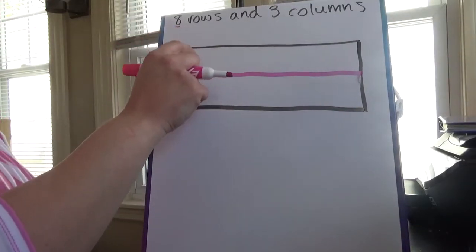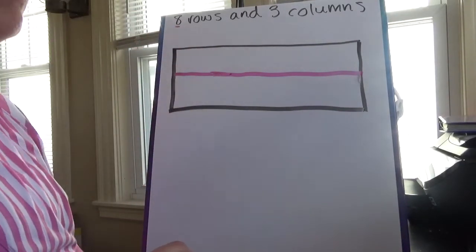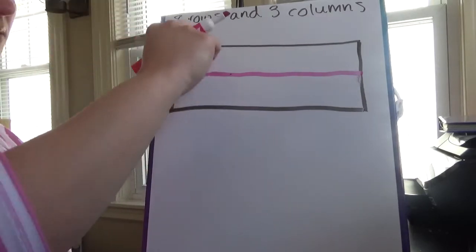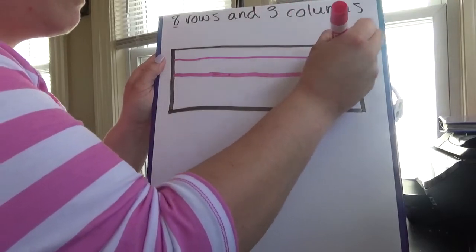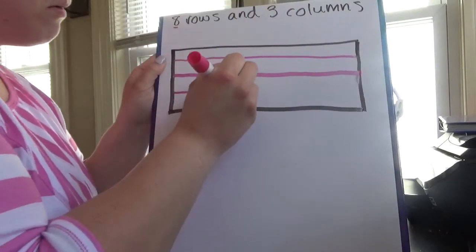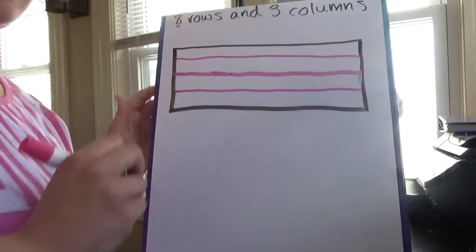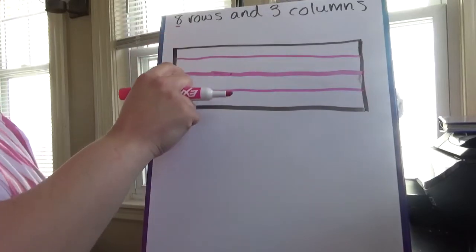So now I have 2 rows, but I need 8. So I'm going to cut each of these parts in half again by drawing another line. Awesome. Now I have 1, 2, 3, 4.